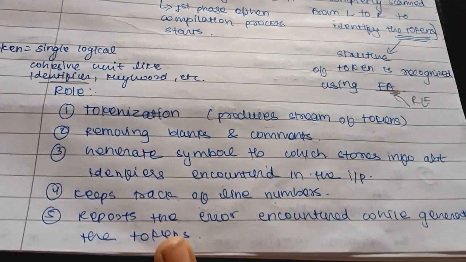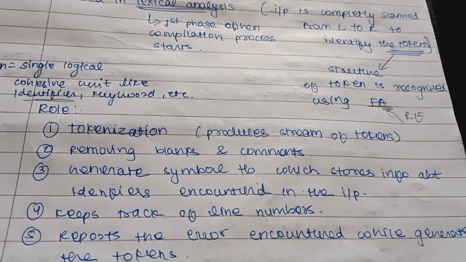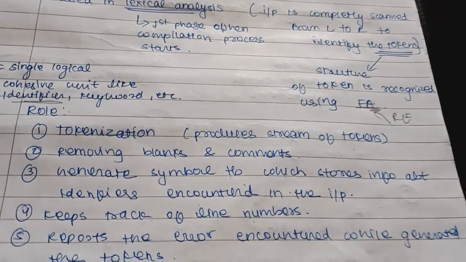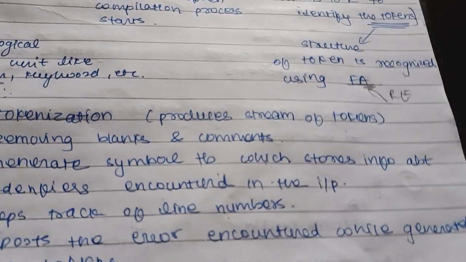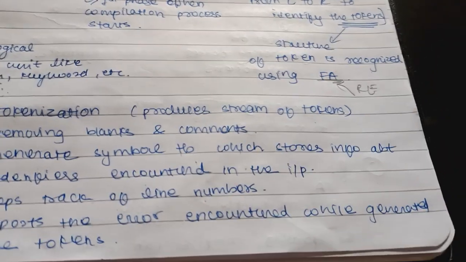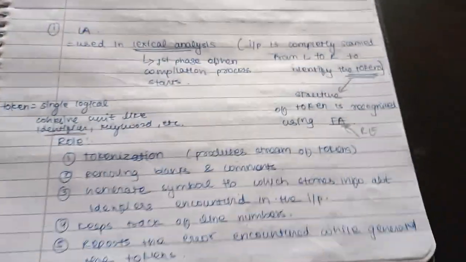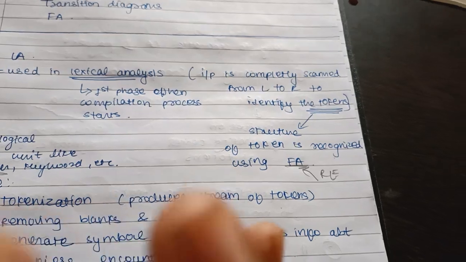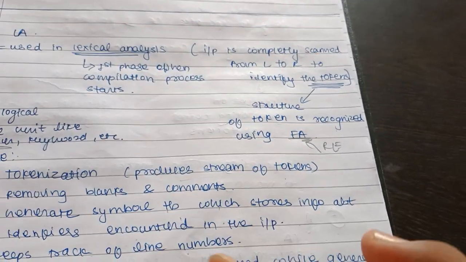Then it reports the errors encountered while generating the tokens, that is error detection, which is an important role of the lexical analyzer. So it can flag these issues right from the start, making it easier to debug the code before moving forward. In short, the lexical analyzer's job is to break down and organize your code, setting a strong foundation for the next steps.